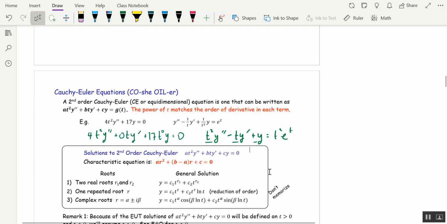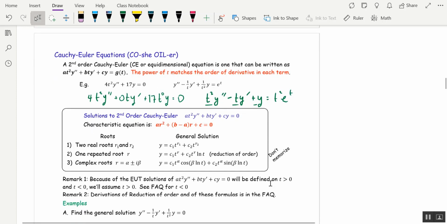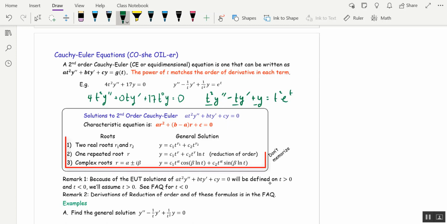Okay, if you have a Cauchy-Euler equation, here's how you solve it. The characteristic equation is a little different than it is for a constant coefficient equation. It's a r squared plus (b minus a) r plus c equals 0. And there are 3 cases. It's a quadratic equation, so 3 cases.